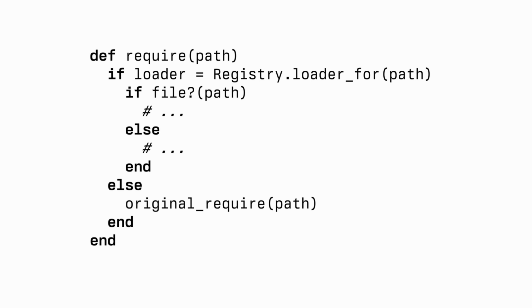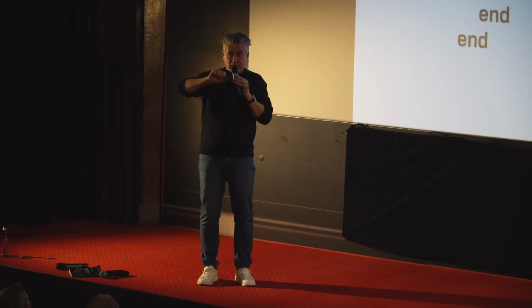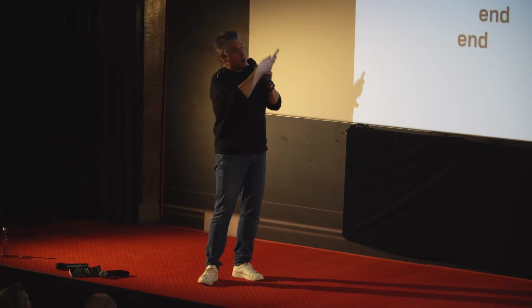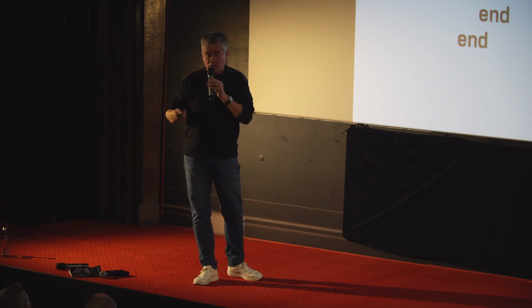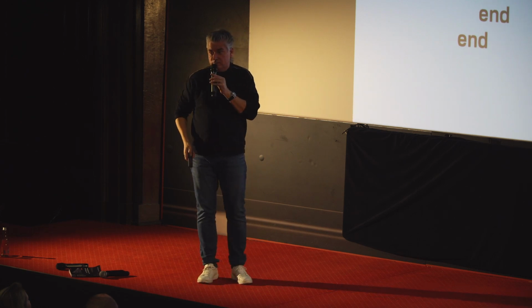If there is a loader, we are going to do some things. If there is no loader, this is not managed by Zeitwerk, so call the original require, and that's it. All right? So if we get the full path to user.rb, we are going to find a loader. But if we get require of some other file, it's going to go to the else clause. Okay?